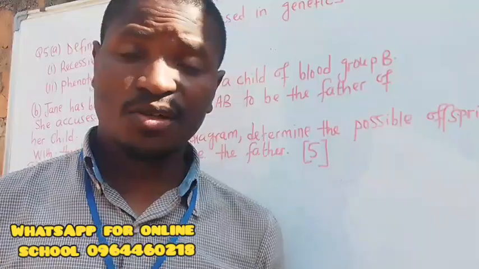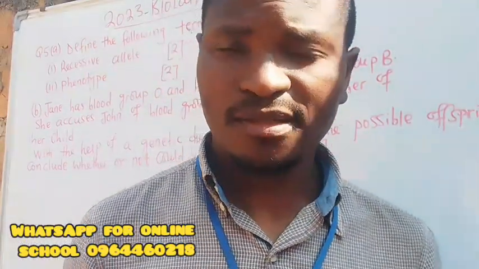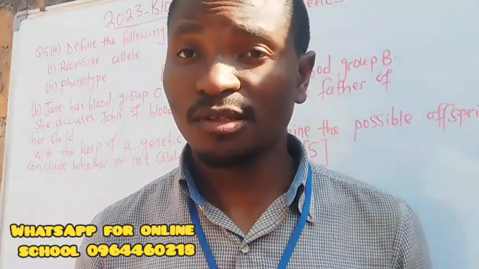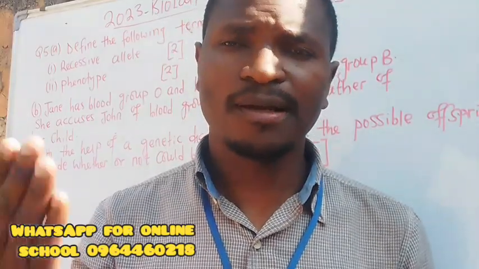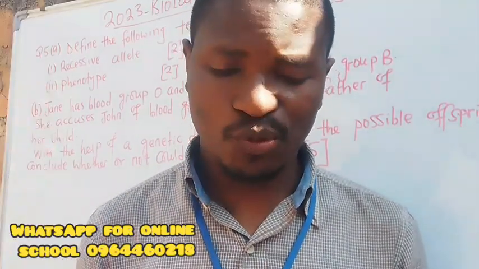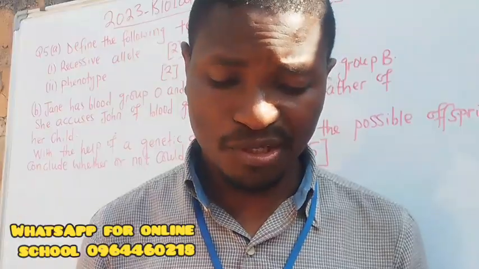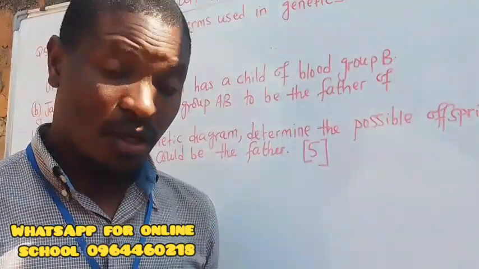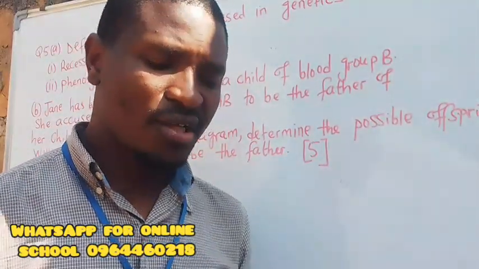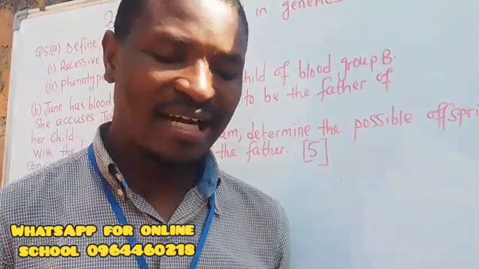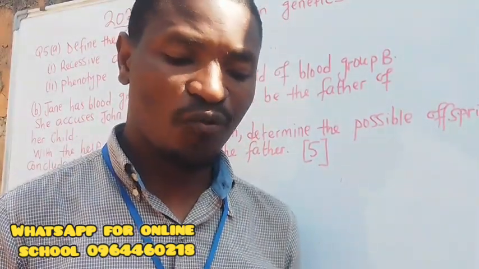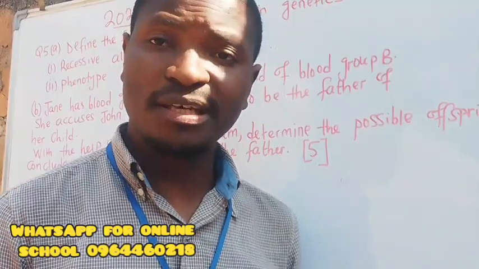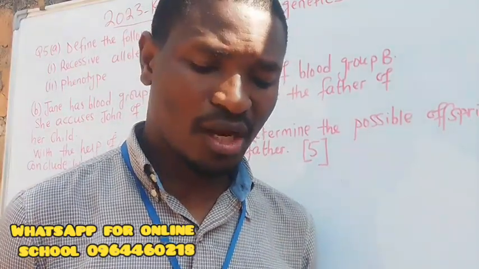Now I'm just going to read the question, which is from the 2023 internal grade 12. If you have the past paper, you can check out the actual question. That is question 5B. Jane has blood group O and a child of blood group B. She accuses John of blood group AB to be the father of her child.